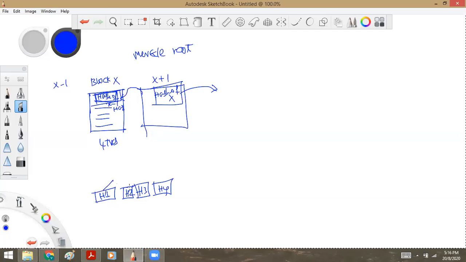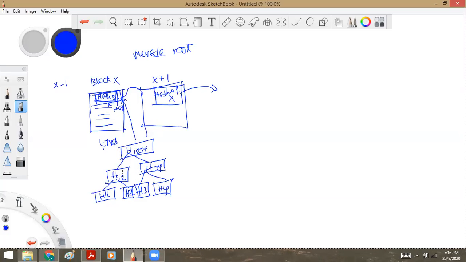Now hash 1 2 will be calculated, hash 3 4 will be calculated, then hash 1 2 3 4 will be calculated.